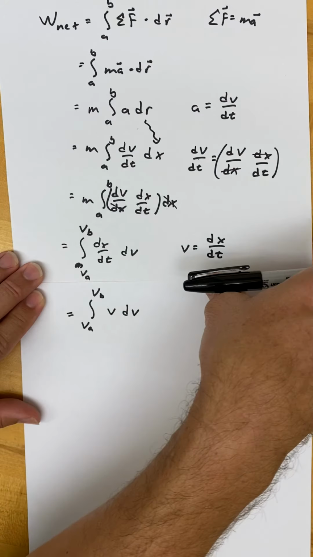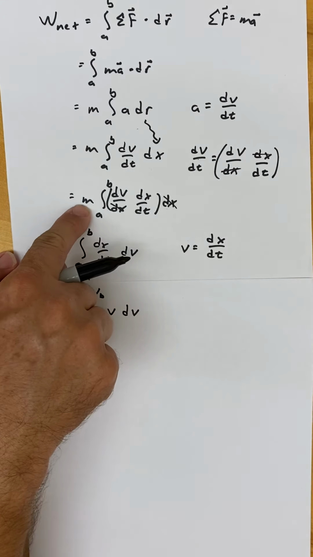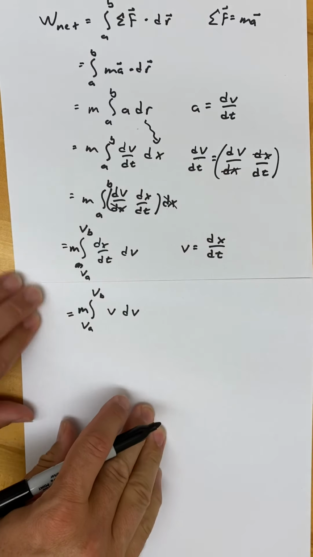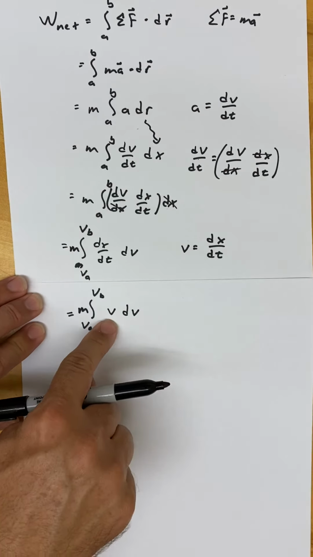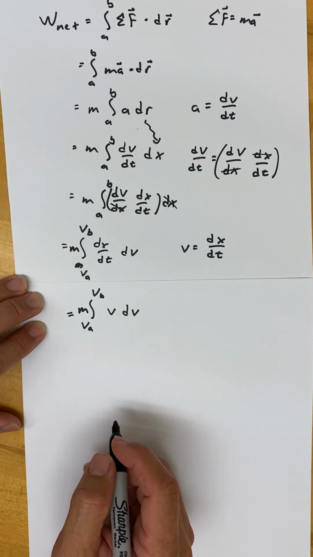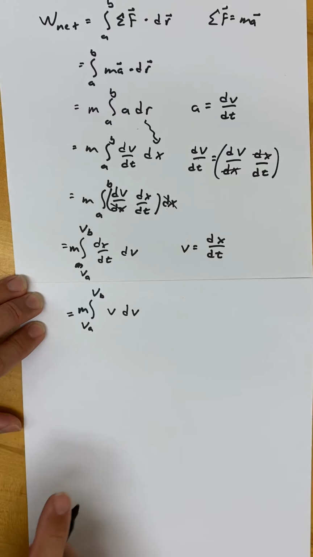Sorry, back up a step. I left that out. I still have an m times the integral of V dV. Well, the integral of V dV is just V squared over 2, evaluated at the limits.